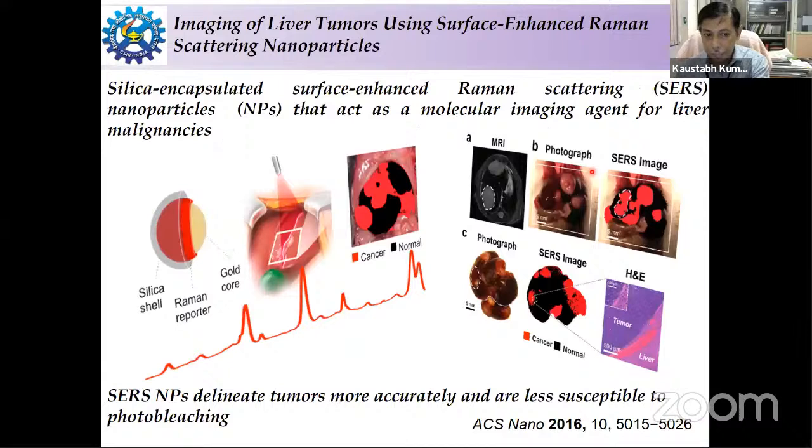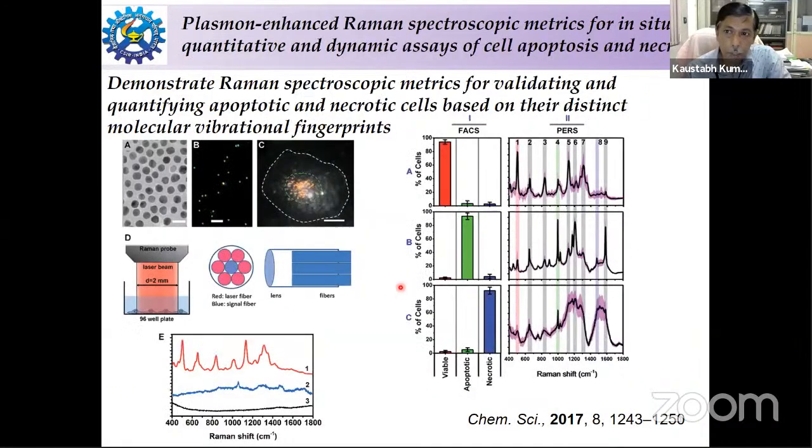And there are examples in surgical resections, where you can use this to locate exactly the cancer area and the normal area using this SERS modality. I'm not going to give you the detailed explanations, but I'm just showing you how it can be featured. As I said, apoptosis and necrosis can be easily distinguished by fluorescence using FACS analysis.